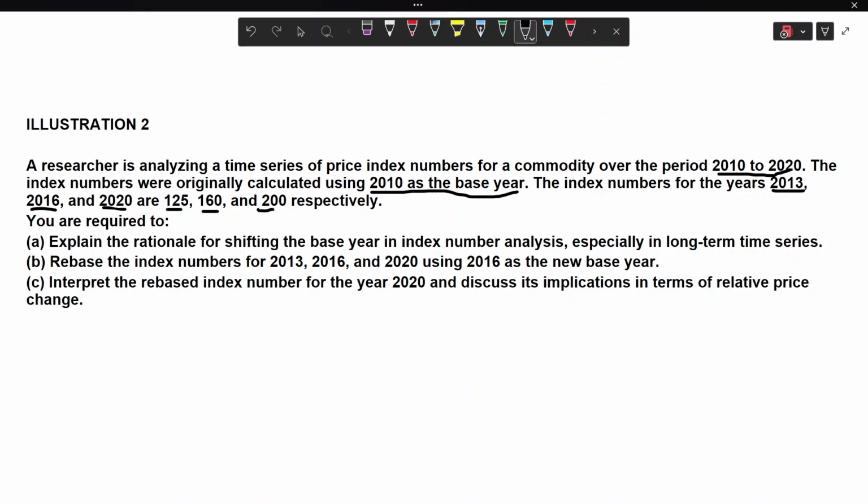You are required to explain the rationale for shifting the base year in index numbers analysis, especially in long-term time series. Rebase the index numbers for 2013, 2016, and 2020 using 2016 as the new base year. Then interpret the rebased index number for the year 2020 and discuss its implication in terms of relative price change.